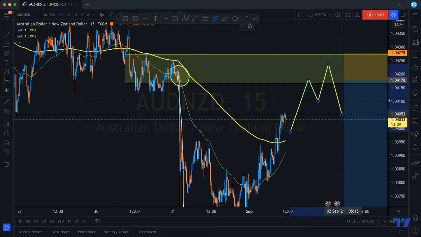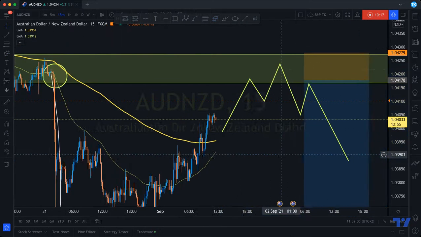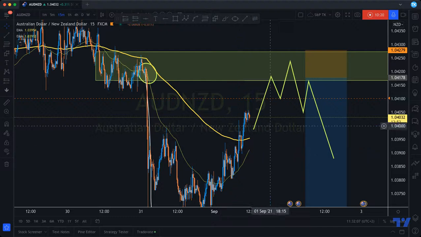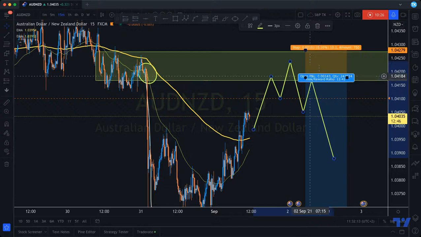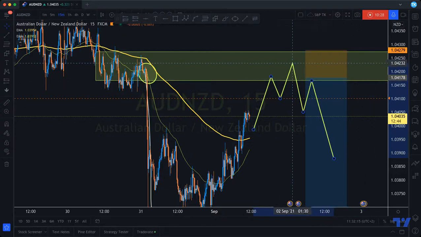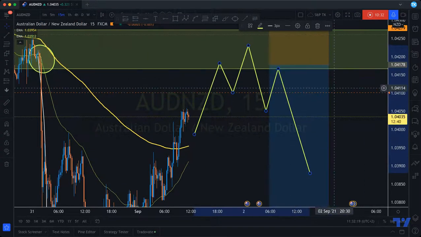I'm not entering here because here we have too much drawdown, so I wait for a retracement, and then I go short. Where exactly to enter short here?